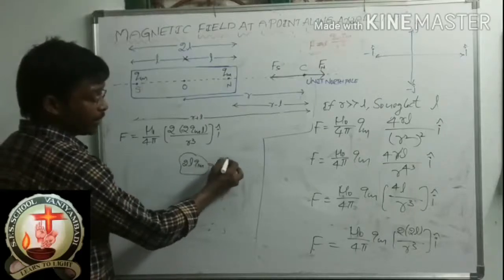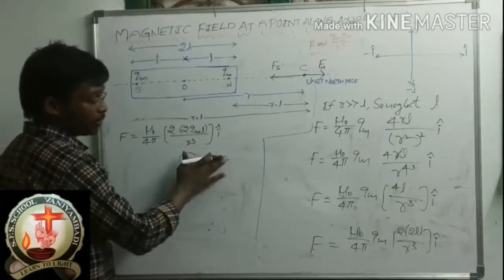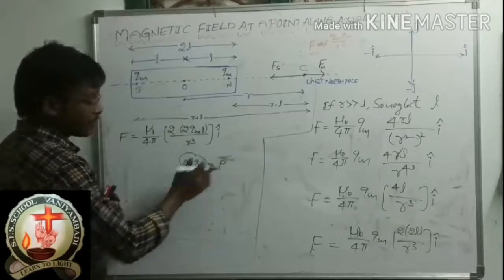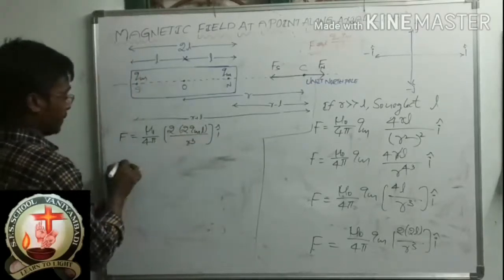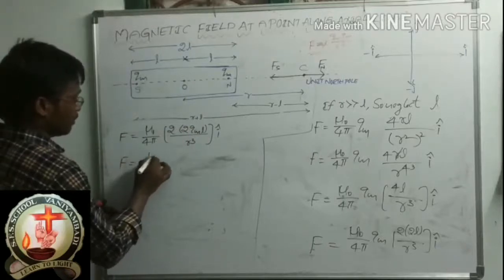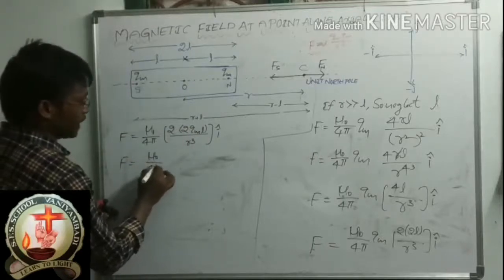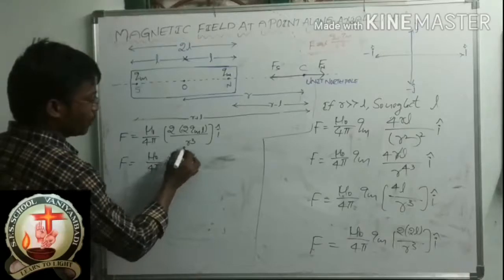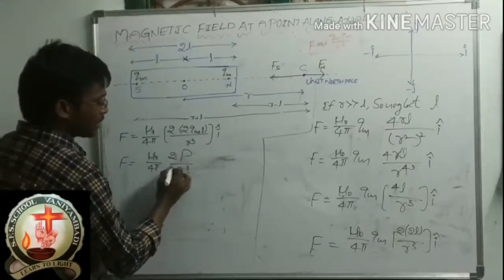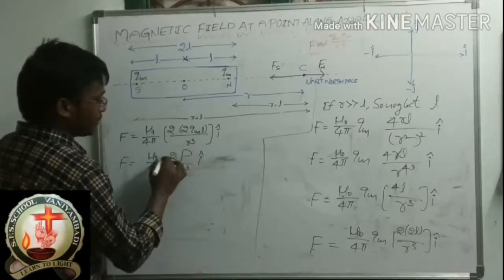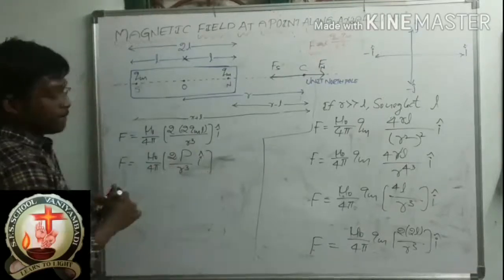Dipole moment, P bar, sorry, correct, no? P. So here in the place of this value I am writing P. F is equal to mu naught by 4 pi 2 into this value I am writing P by r cube into i cap.